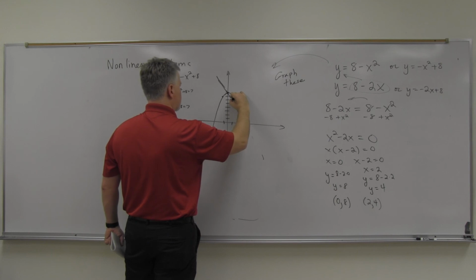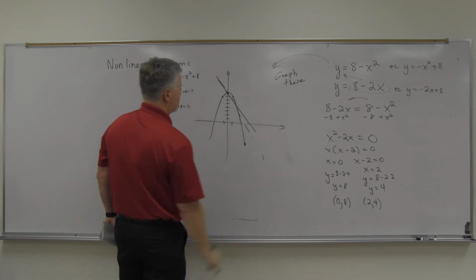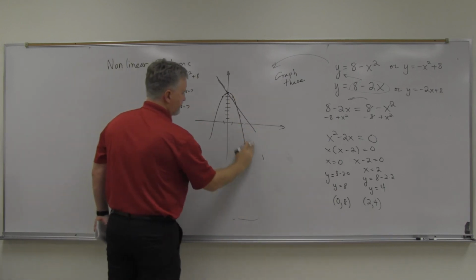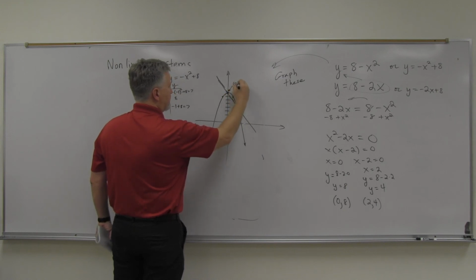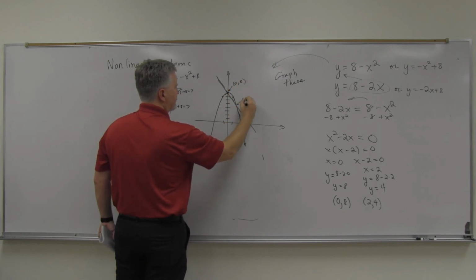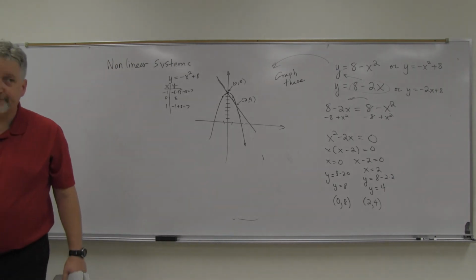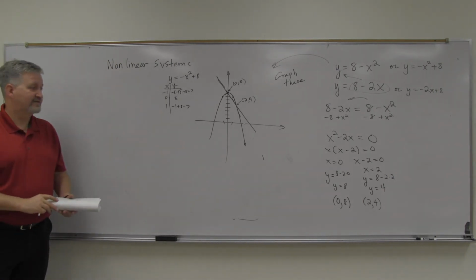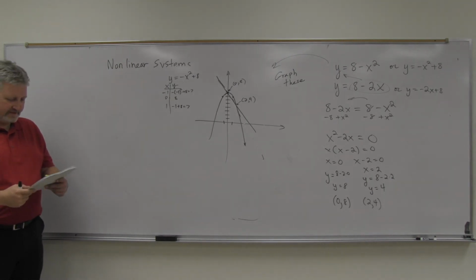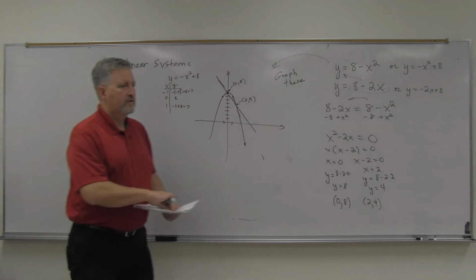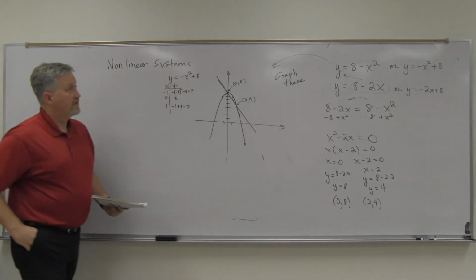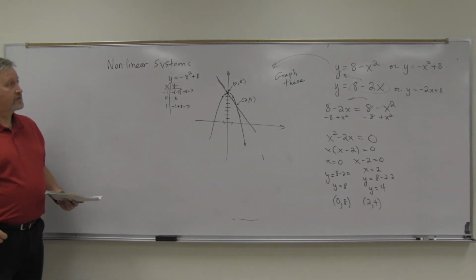You got your 0, 8, and you got your 2, 4. Two intersections. So it makes sense that this would have two different solutions there. How's that? Anything to talk about there?